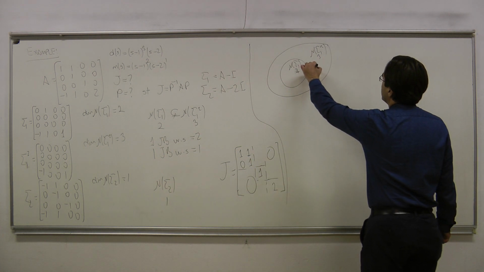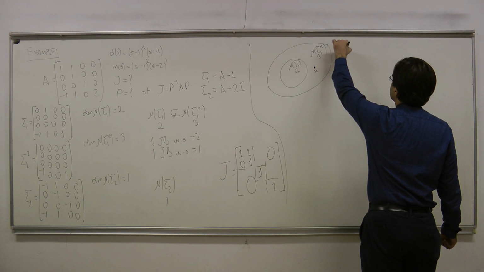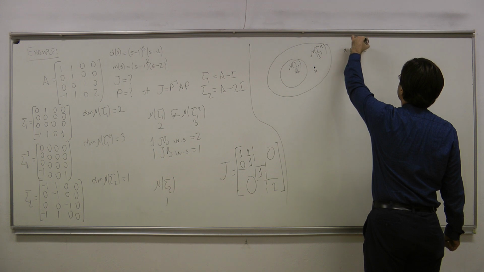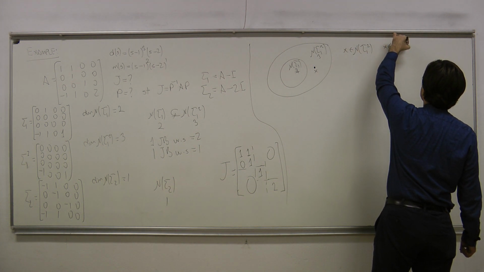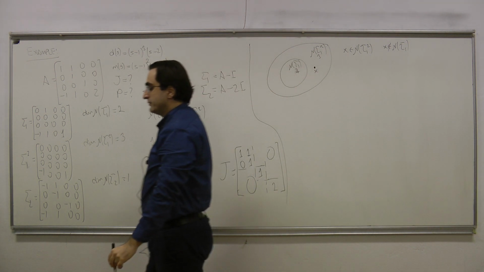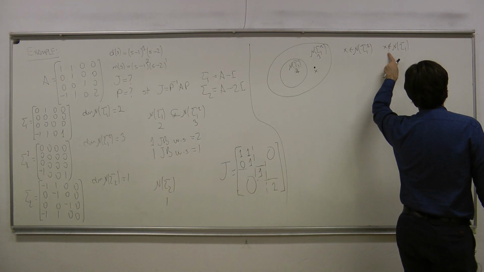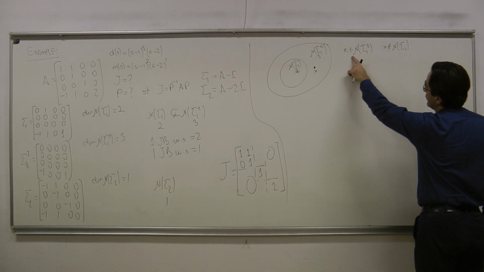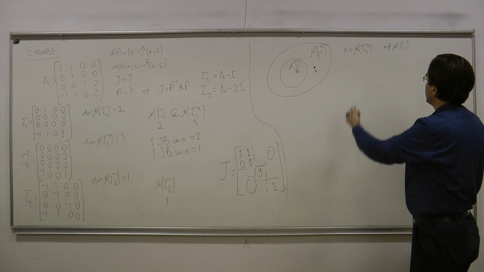Okay, so I will start from the outermost disk here. I will choose an x. x is going to be inside the null space of sigma 1 square, and x will not be inside the null space of sigma 1. I am looking for a generalized eigenvector here. That vector should not be inside the eigenspace, so it is not going to be an eigenvector, but it's going to be inside this larger null space. So what does that mean?